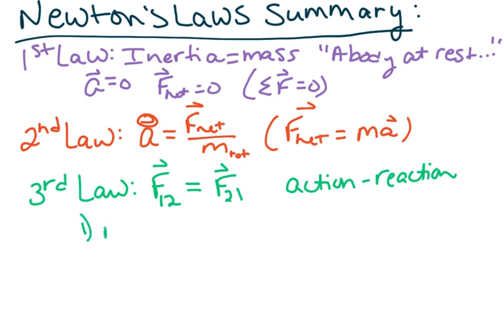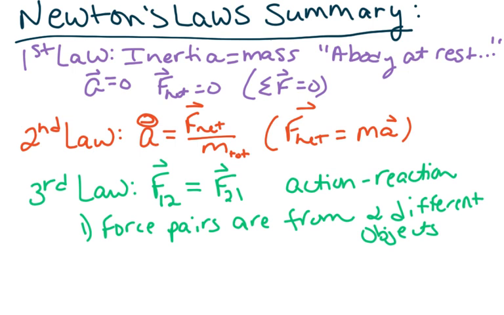The force pairs are from 2 different objects. So they come from 2 different force diagrams. They do not come from the same force diagram. Okay, so the force of gravity on you by the earth is a third law pair with the force of gravity on the earth by you.